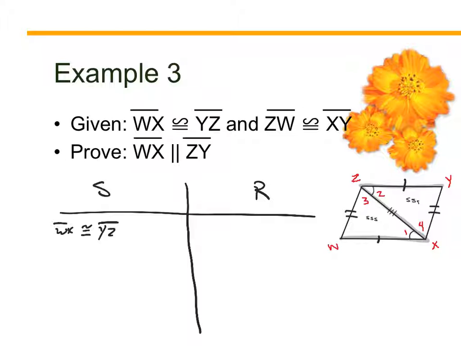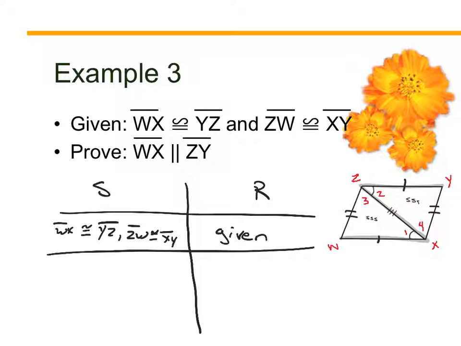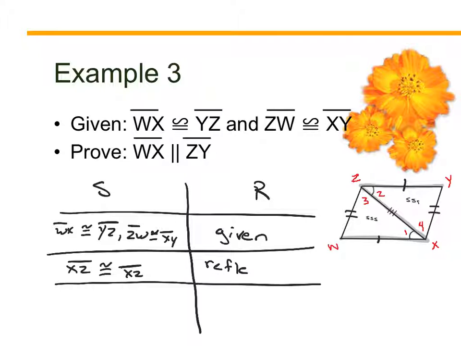You shouldn't have to copy me on this part because you already know what I'm writing. ZW is congruent to XY. That's given. Okay, then we went for the middle line, XZ congruent to XZ because of the reflexive property. That's the one down the middle.